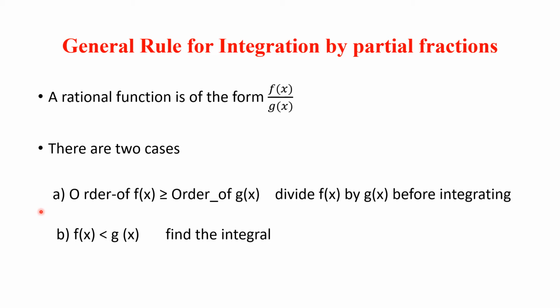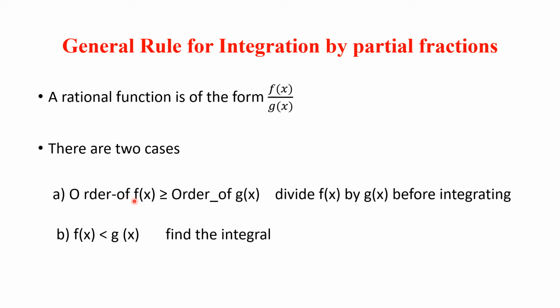Now we have to look at the general rule for integration by partial fraction. A rational function is of the form f of x over g of x. There are two cases here. The first case is f of x greater than or equal to g of x.